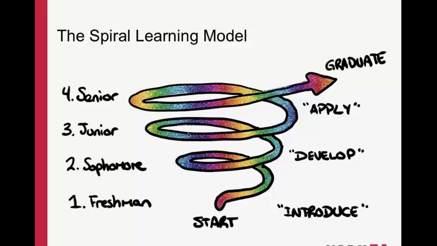The university model for education is based typically on something called spiral learning, where you begin at the introductory level with some basic courses in math and physics and chemistry. And as the semesters progress from freshman year to sophomore year to junior and senior, you develop and apply those concepts in a broader and deeper way.